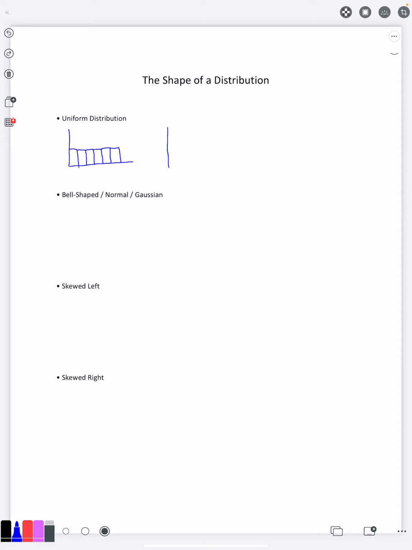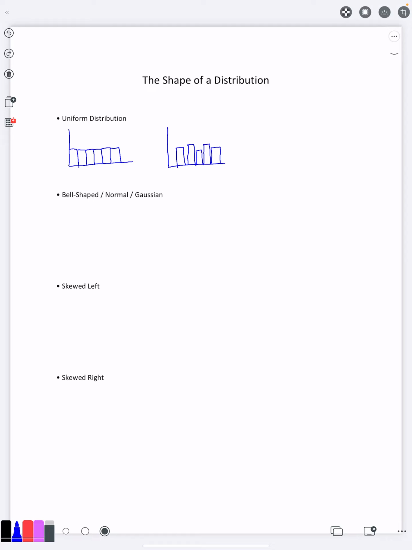So if your actual distribution looks something more like this, where some are a little higher, some are a little lower, and so on, as long as they're all pretty much even height, that's what we call a uniform distribution. Uniform means everything is spread out uniformly. There's not really anything that's standing out. They're all about even here.